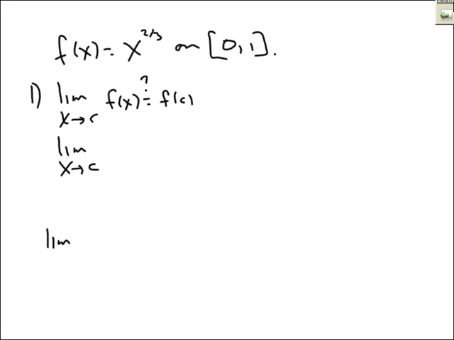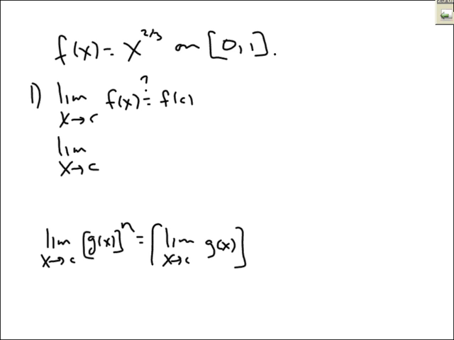Recall this theorem that says that if you have a polynomial to a power, say n, you can take the limit of that polynomial and then raise it to the nth power. For example, somebody asks you what's the limit as x goes to 2 of x plus 3 to the 10th power.